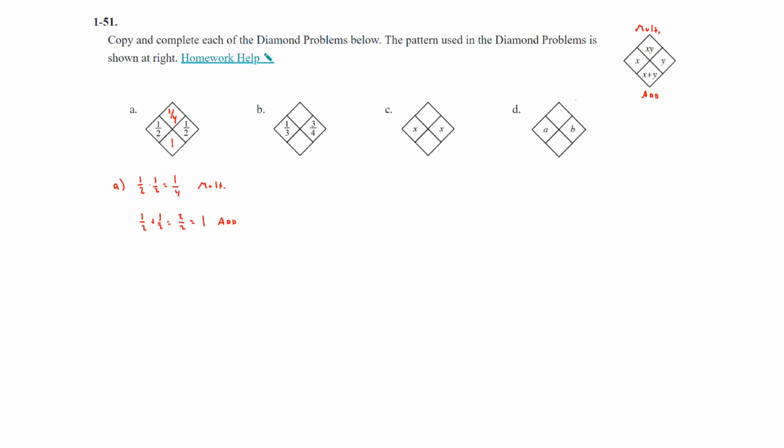On part B, we'll multiply 1/3 times 3/4. If we just multiply straight across, that's 3/12, but that can reduce to 1/4. So that's the multiplication. Once again, we're multiplying to get this number and adding to get that one. And so what is 1/3 plus 3/4? Well, we need a common denominator.